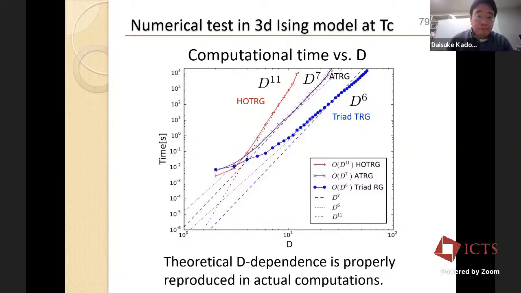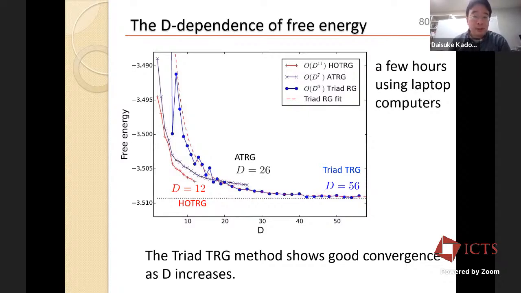And this figure shows the D-dependence of free energy, and the maximal values of D-cut depend on the renormalization scheme, because the cost depends strongly on D. So the cost of HOTRG is high, and D is 12 for HOTRG, and we can take D equals 56 for the triad TRG method, because the cost of triad TRG is not high.